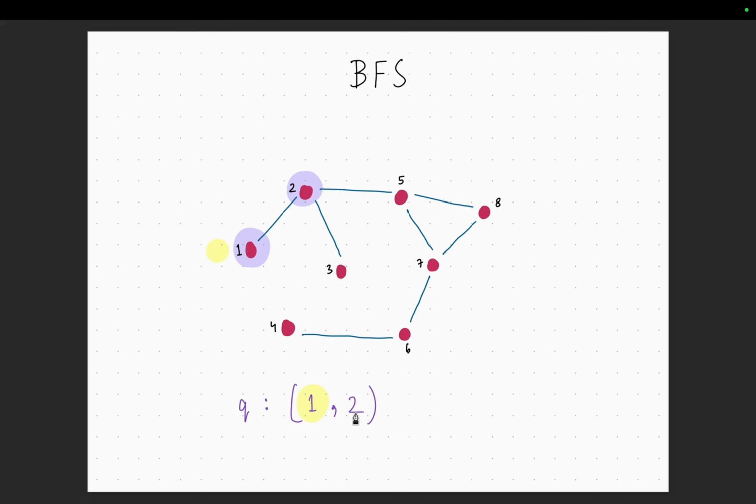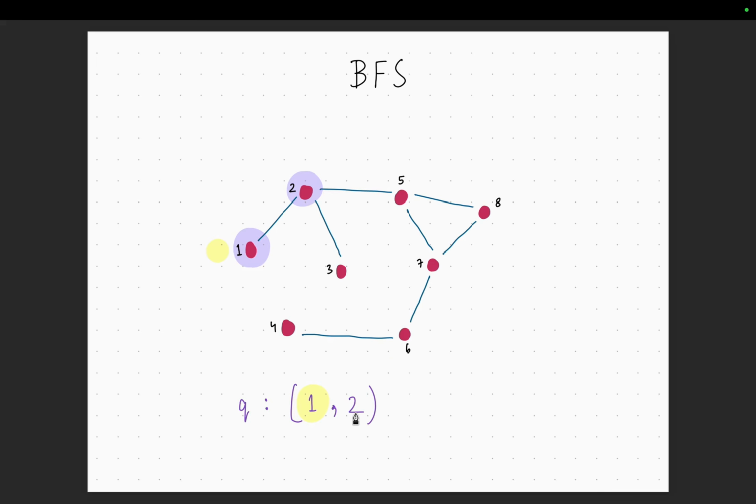So we enqueue 2 now, because 2 is an unexplored neighbor of 1. And note that in this queue, I'm going to highlight the removed elements in yellow so that you know that they're not in the queue anymore. I'm just doing this for more clarity, and I don't have to, you can think of those elements as having been removed already.